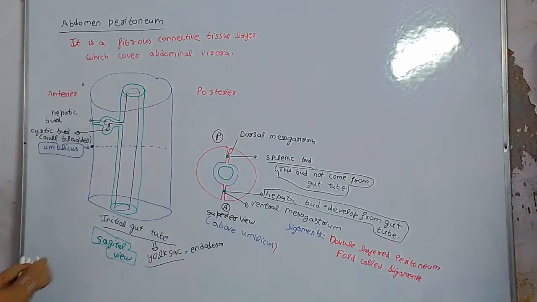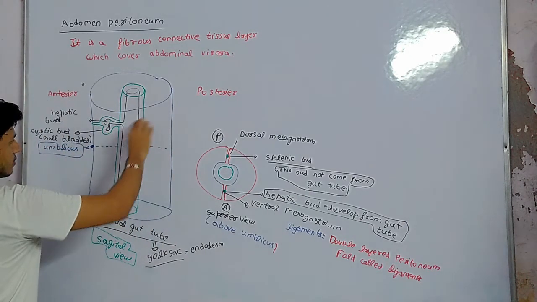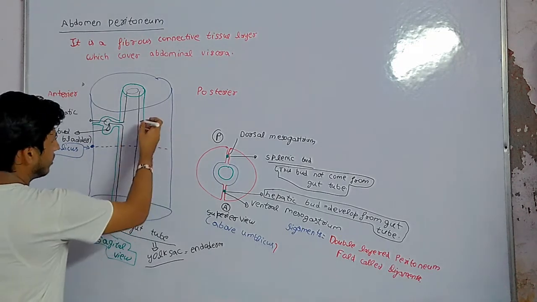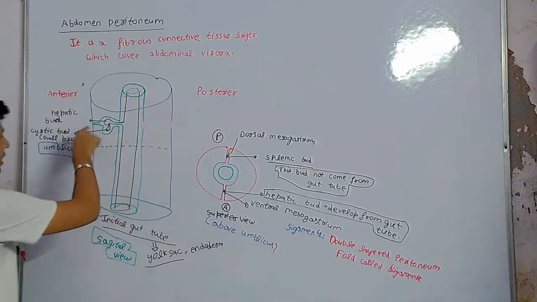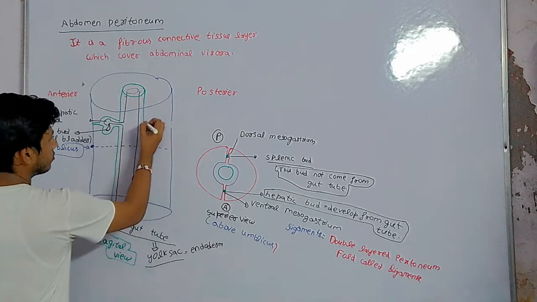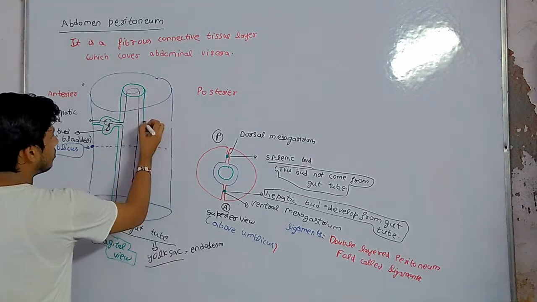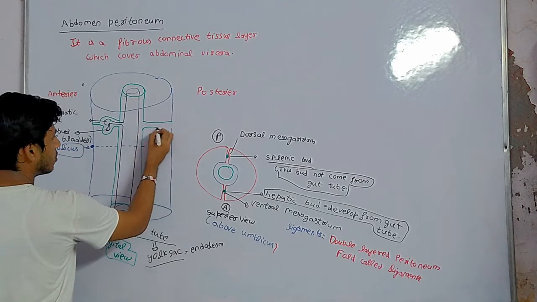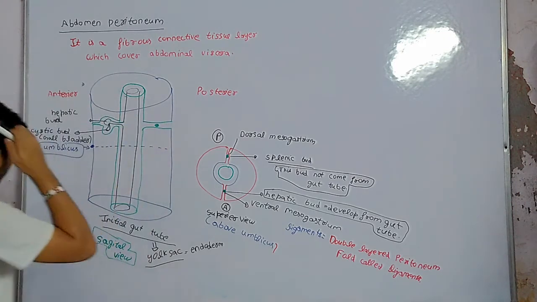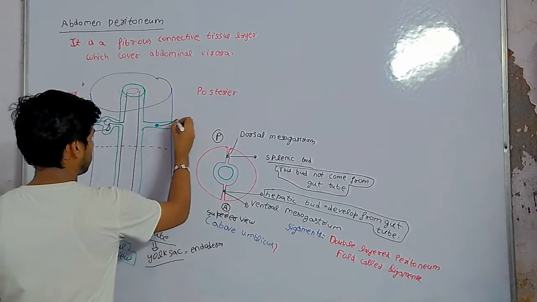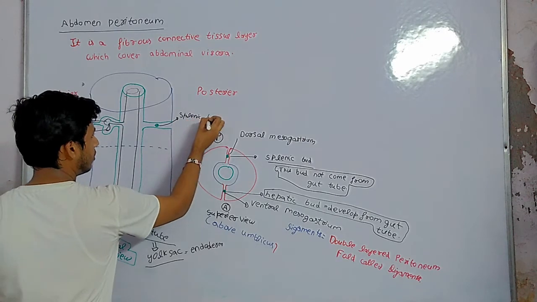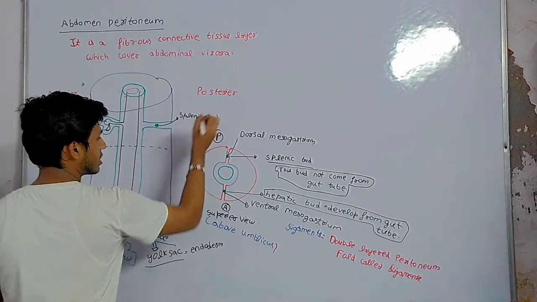So now what happened? Posteriorly we have the splenic bud also present. Let's say this is the mesogastrium, this is the anterior ventral mesogastrium, and here is the posterior mesogastrium, called the dorsal mesogastrium. So here is the splenic bud. Done. Now come to the stomach.